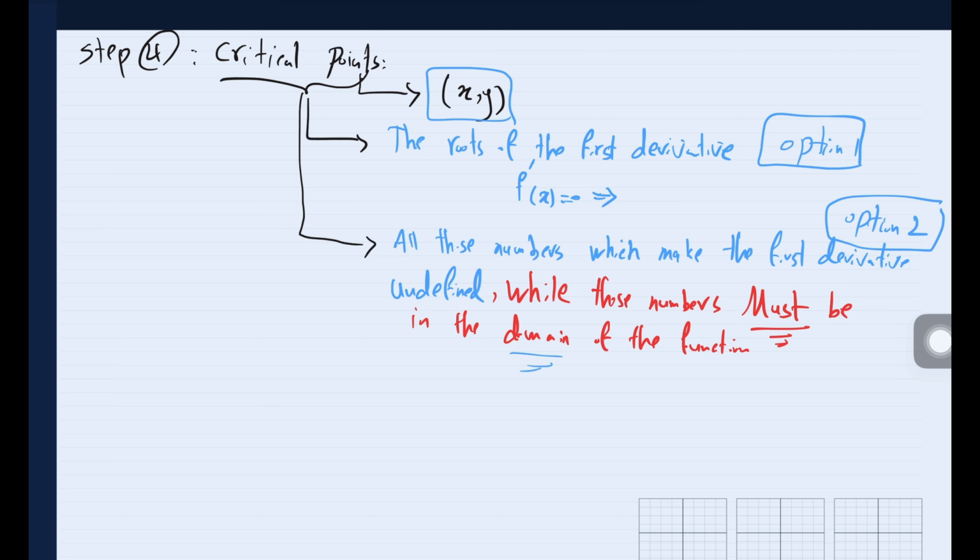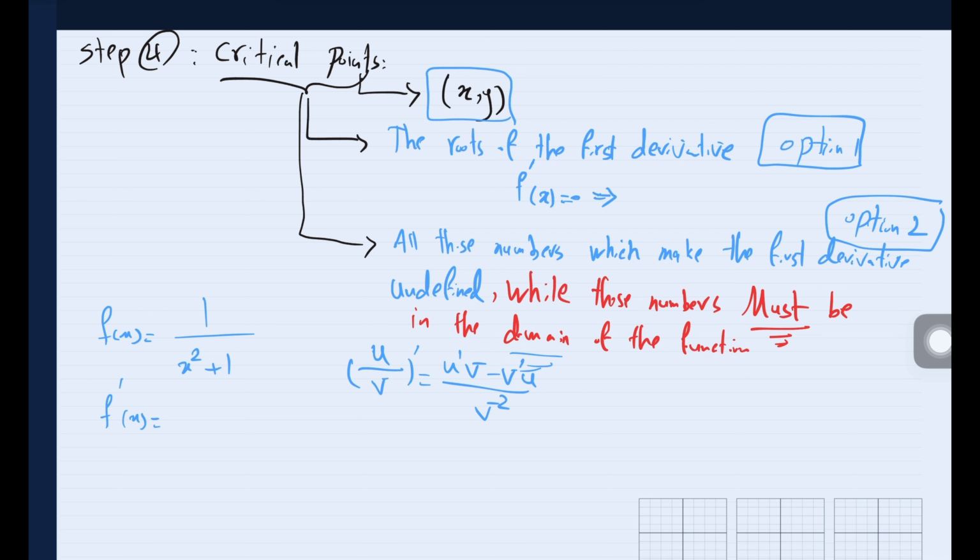As an example, let's say f of x equals 1 over x squared plus 1. If I calculate the first derivative, then f prime x is going to be, and if we want a flashback on how we could calculate the derivative of any rational function: if I have u over v, the derivative is u prime times v minus v prime times u, divided by v squared.